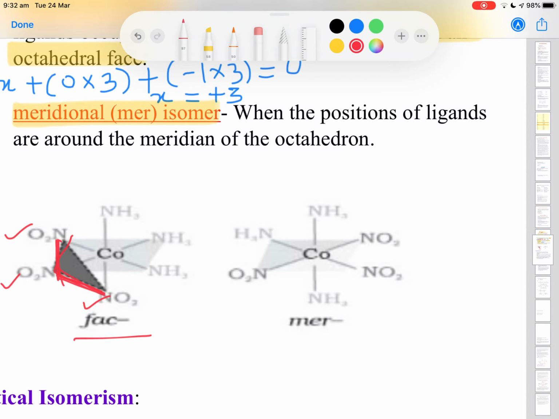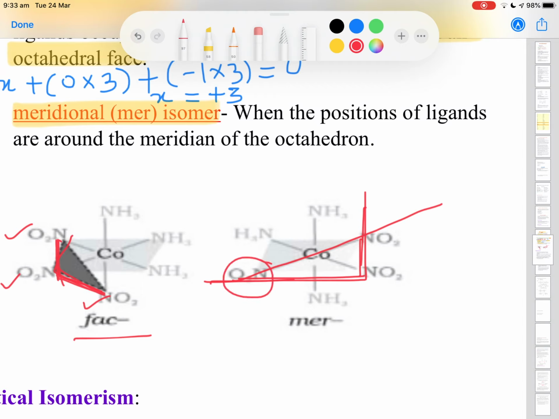This was the octahedral face, I said, and the meridian is this. So now you can see the geometry as this. Here, in this meridian, you see that the position is occupied by the same ligands.